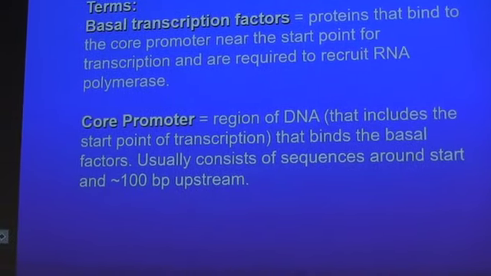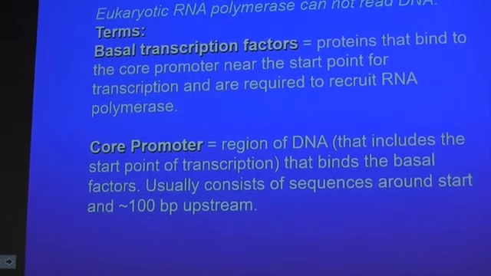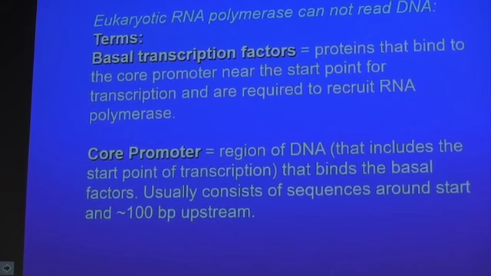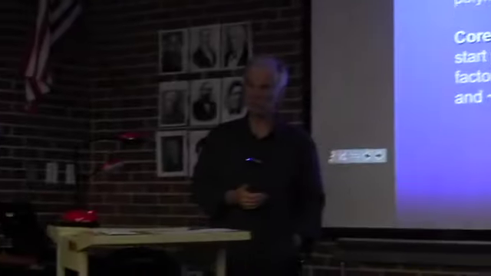Usually it's contained within about 100 base pairs of the first nucleotide of transcription. So in a eukaryote it's much easier to identify a promoter simply by location, because it's always right at the beginning of transcription.